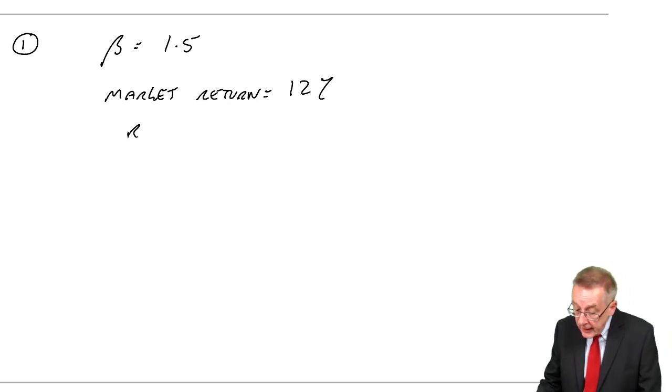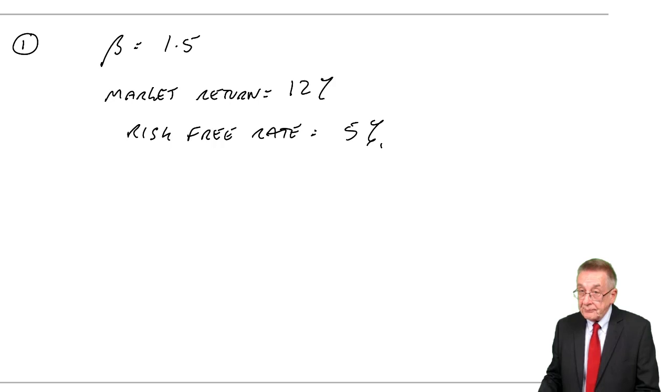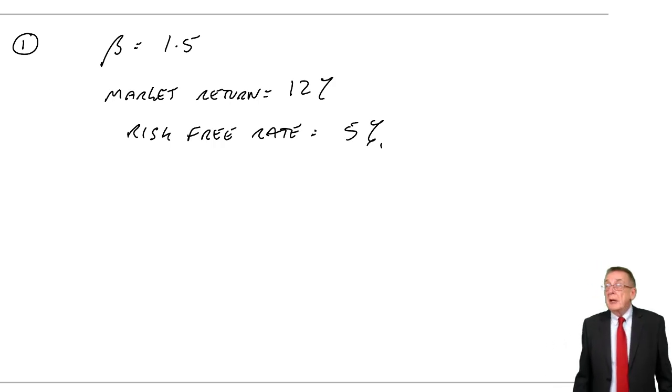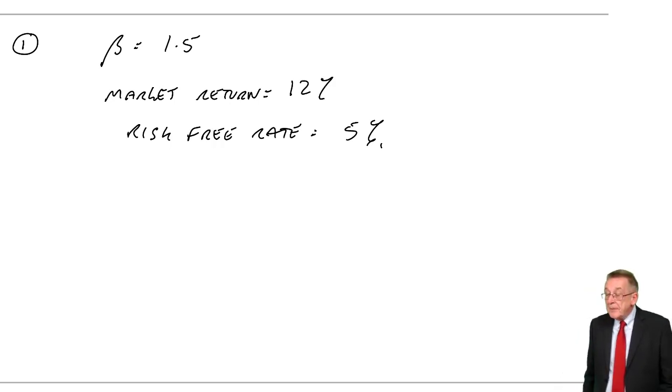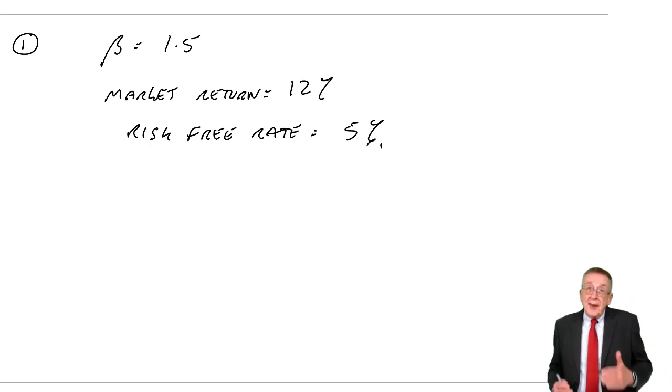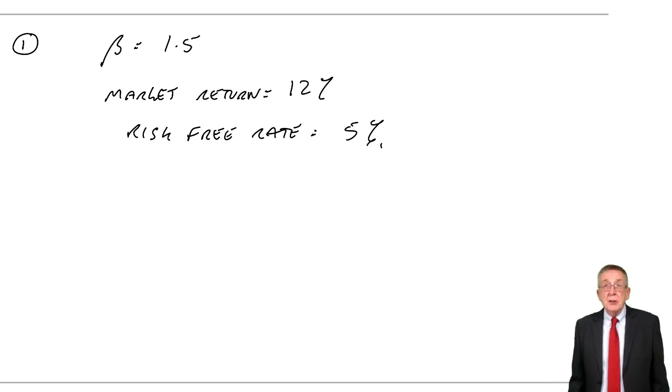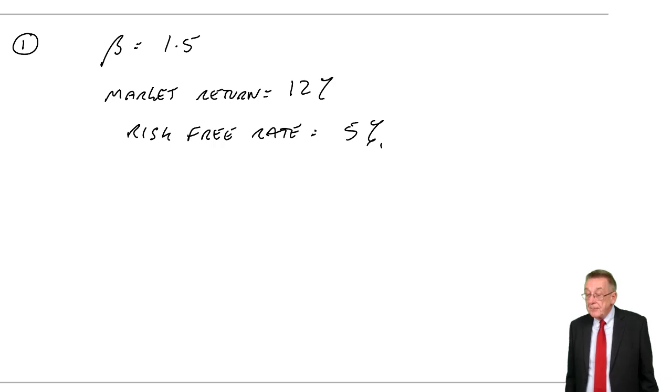The risk-free rate is 5%. And although there are no investments that are 100% risk-free, we use government securities as an example. So we can get 5% from government securities. There's no risk.